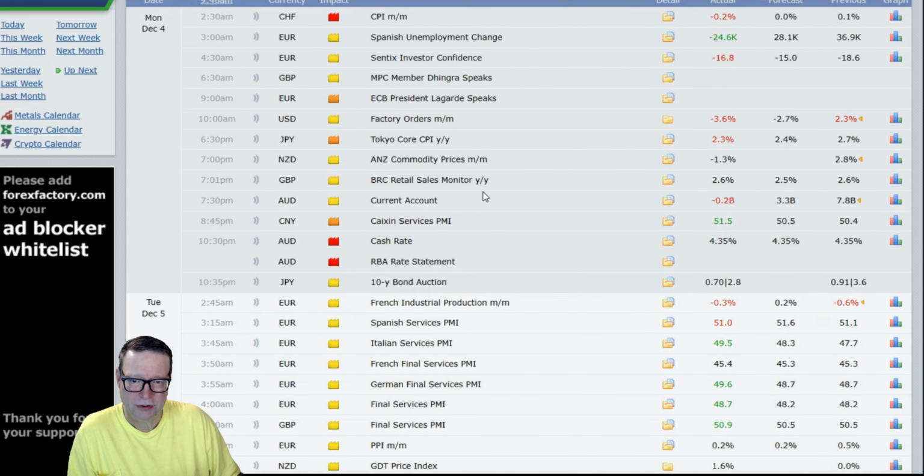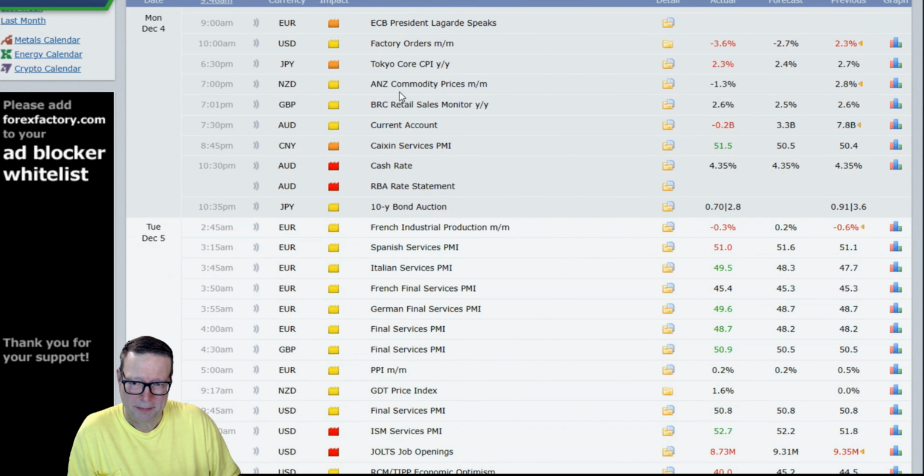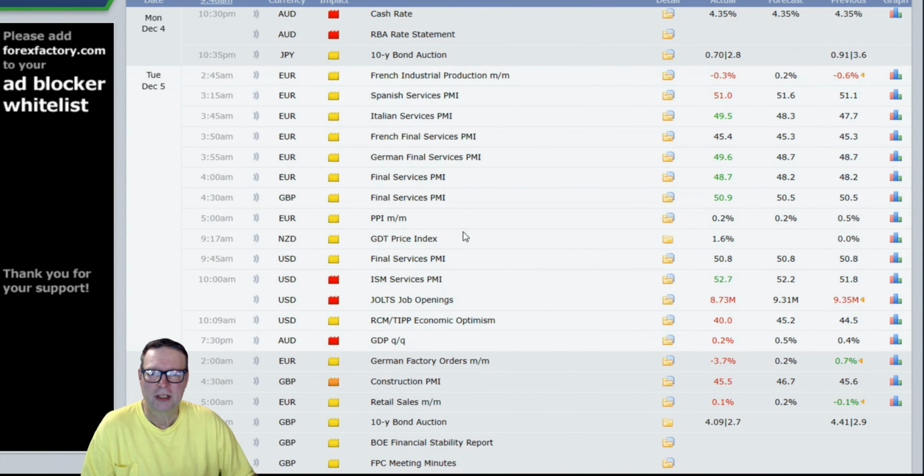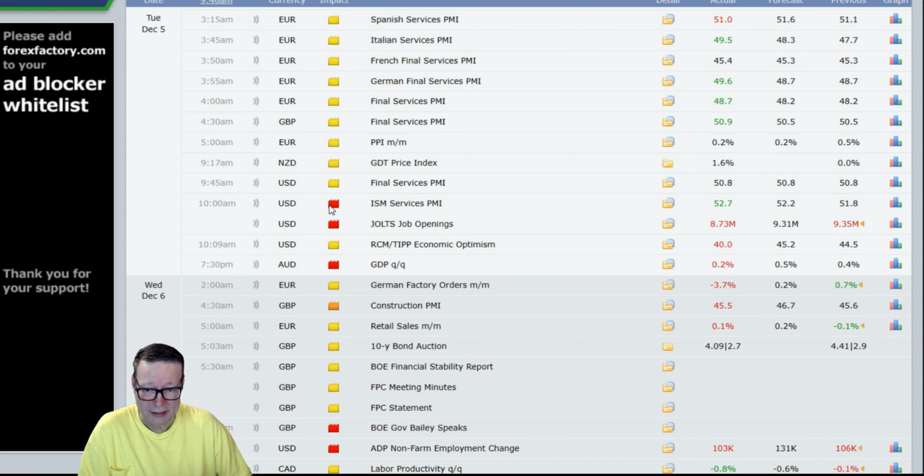And it's going to show you all the news announcements that are coming out throughout the days ahead that could affect your trade. Like I mentioned, I only really focus in on the red days. You see they're highlighted in red. Those announcements are going to see the most movement of all the news that comes out.